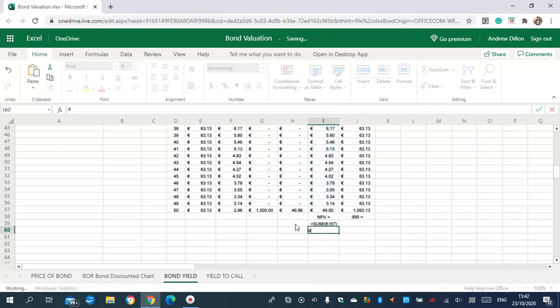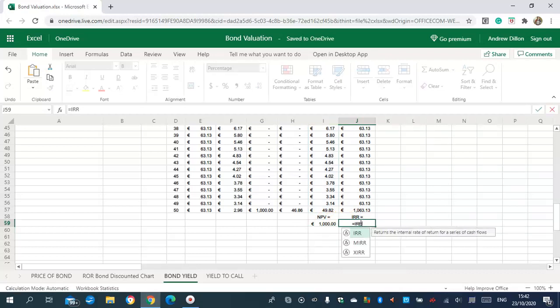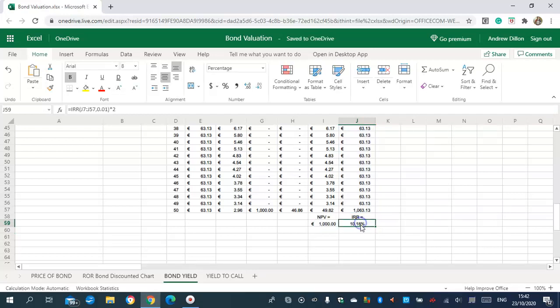Okay. Now the internal rate of return equals IRR. Okay, so now I have an answer, 10.80%.